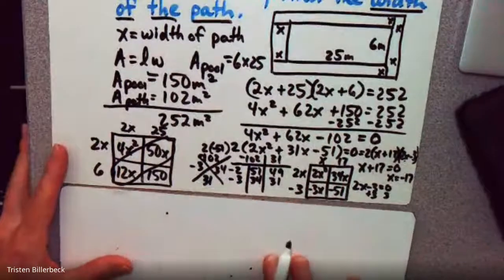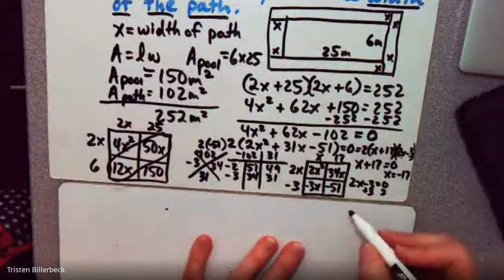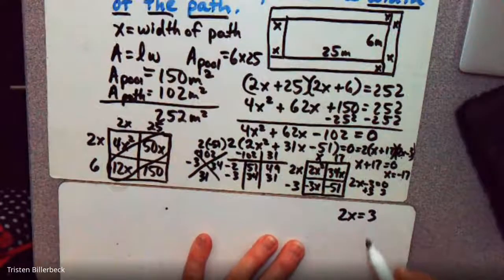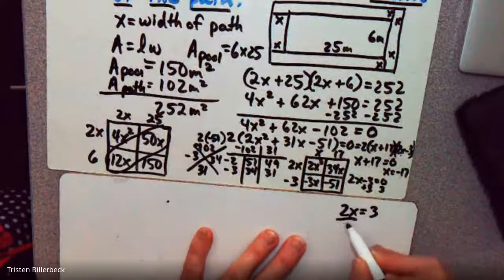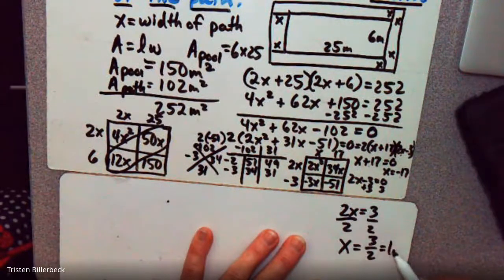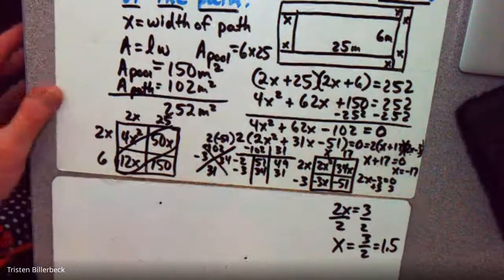Okay, if we add that to the other side, we get 2x equals 3. We use a multiplicative inverse, and we get x equals 3/2, or 1.5, and that's 1.5 meters.